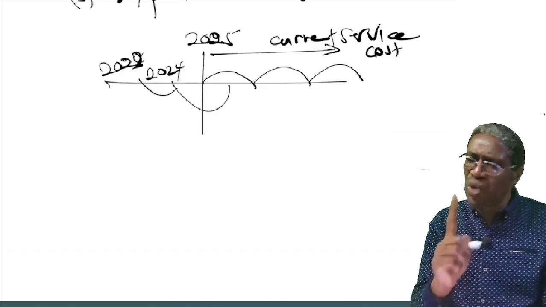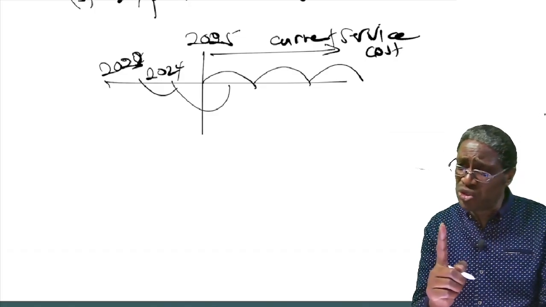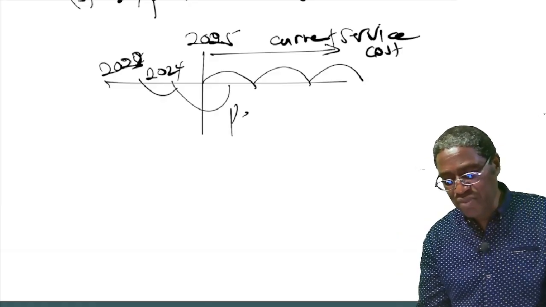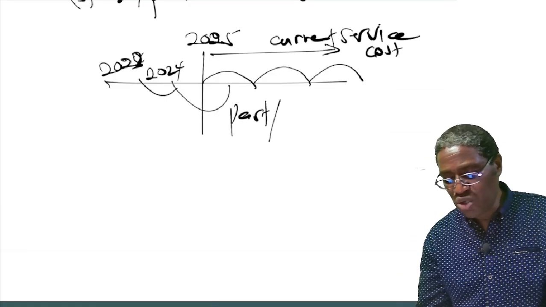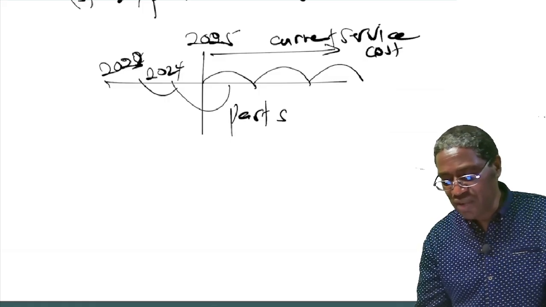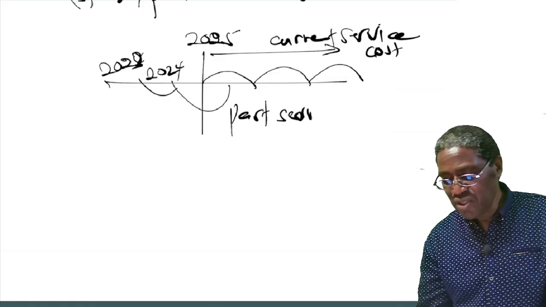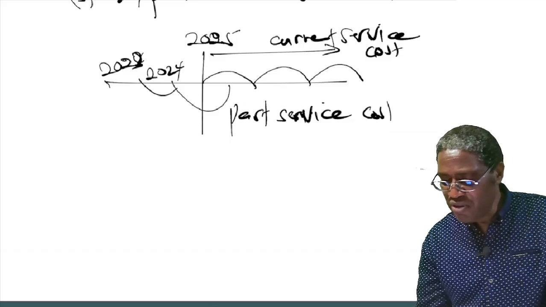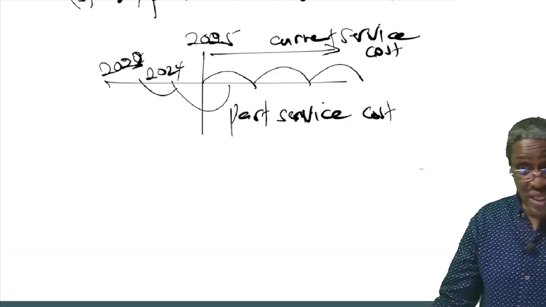So how will you account for those kinds of contributions in the books of 2025? You will account for them as a past, what we are calling prior service cost. So these are contributions made for services rendered before the scheme was initiated.